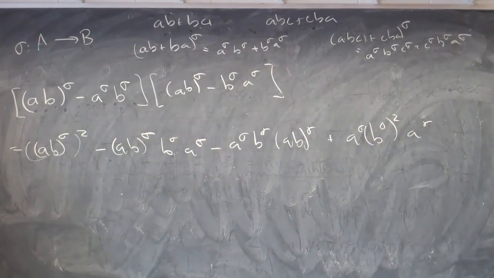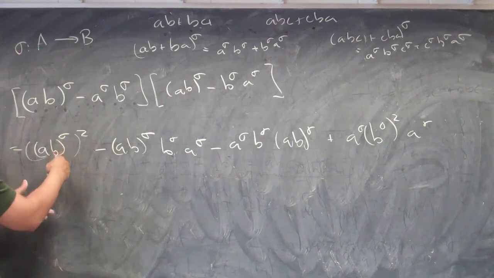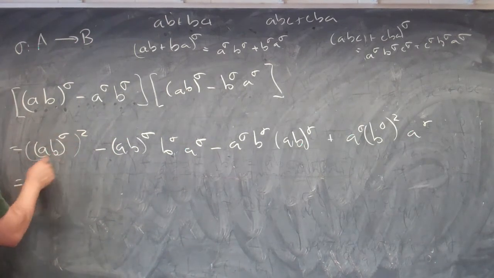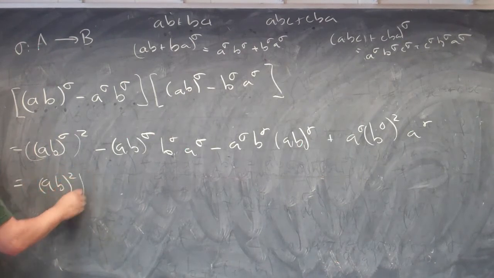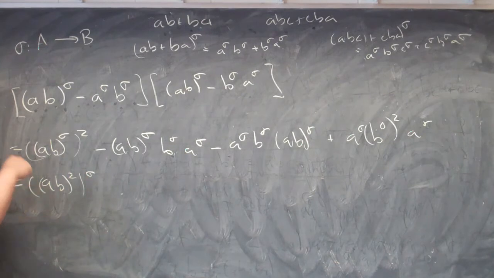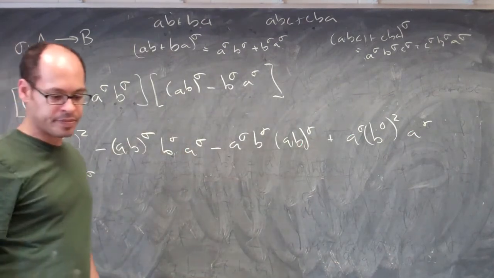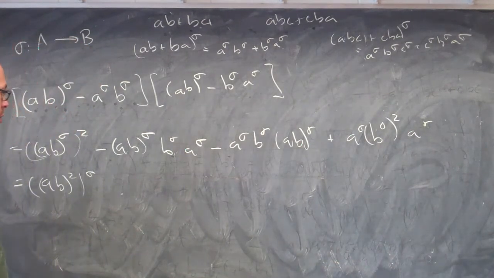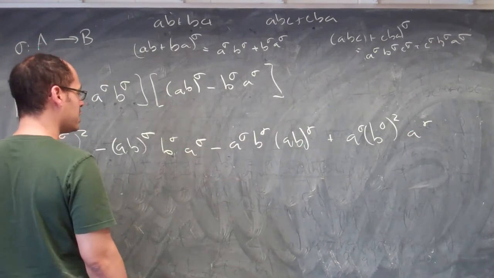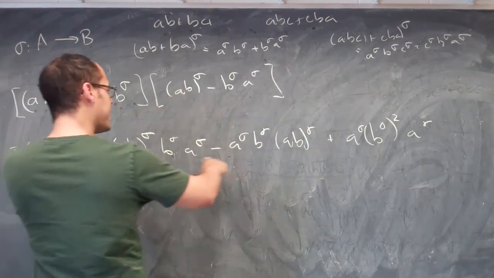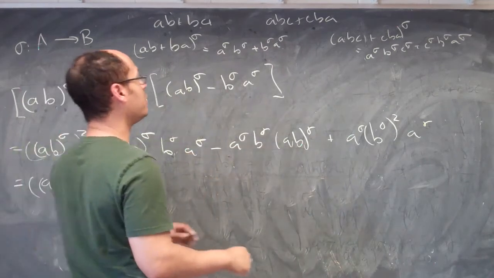Okay, now, because sigma is a Jordan homomorphism, it preserves squaring, so I can move this thing inside, and I have AB squared sigma. Okay, and now what I want to do is look at this animal here, and I'm going to use this identity.